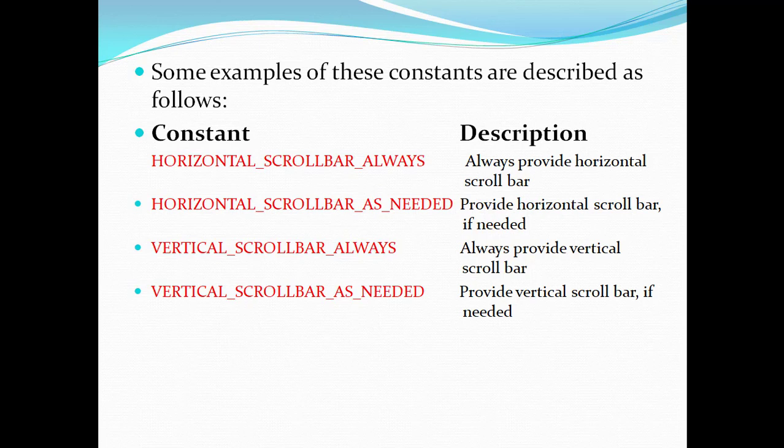First constant. Whenever we are specifying any constant in Java, we need to define it in capital letters. So HORIZONTAL_SCROLLBAR_ALWAYS is the first constant, and its description is that it always provides the horizontal scroll bar, whenever we specify this constant in a constructor.